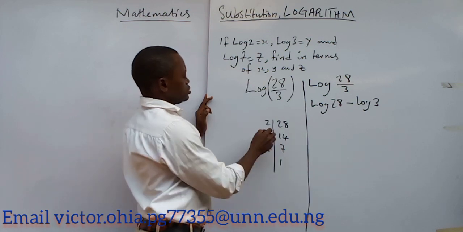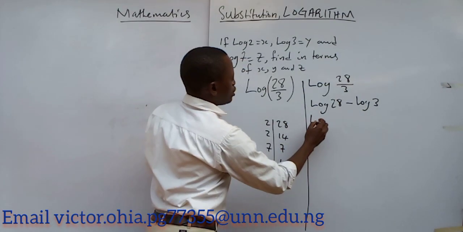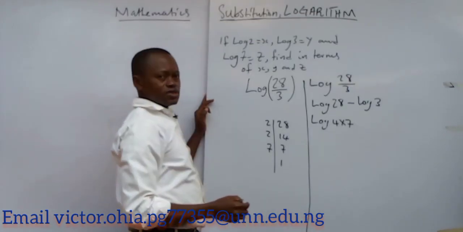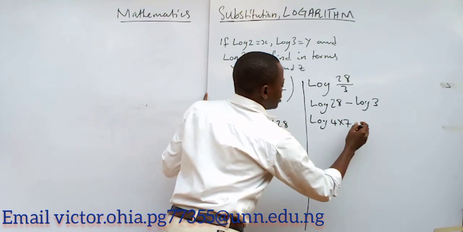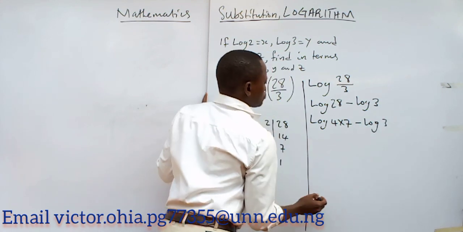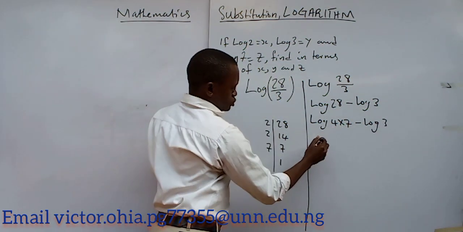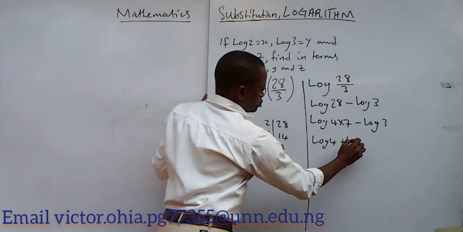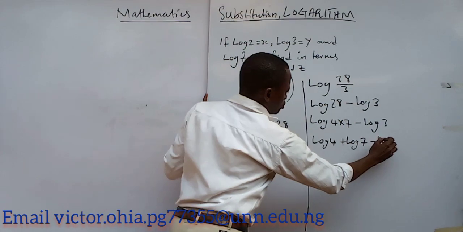So do you see that within here, I have log 4 times 7. You see how I put it? Then minus log 3. And by product, this will become log 4 plus log 7 minus log 3.